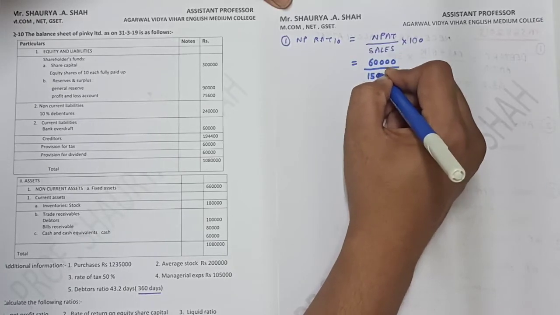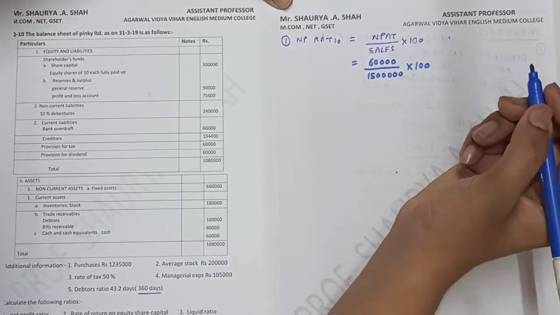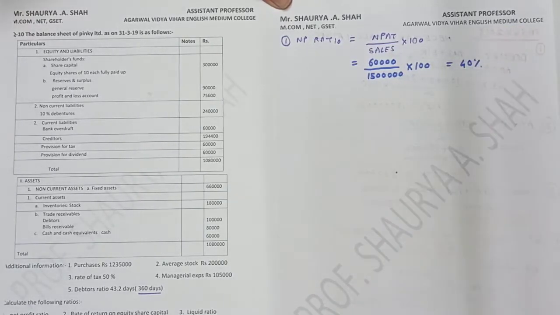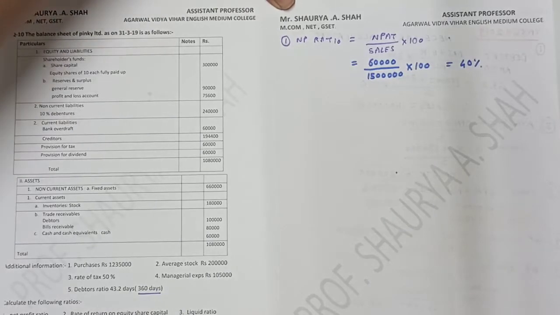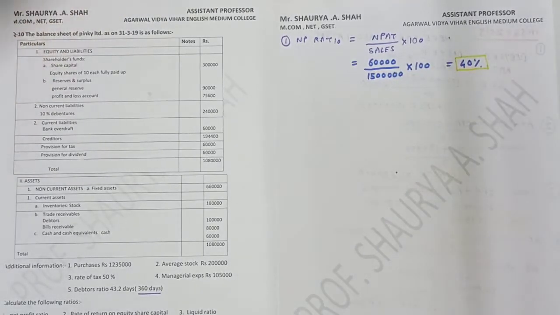Also we found out 15 lakh rupees into 100, right? So what I'll get is the answer of 40%. You can also calculate it along with me only. 40% is the answer of your net profit ratio. I hope it is clear to each and every student. The first equation we have solved.